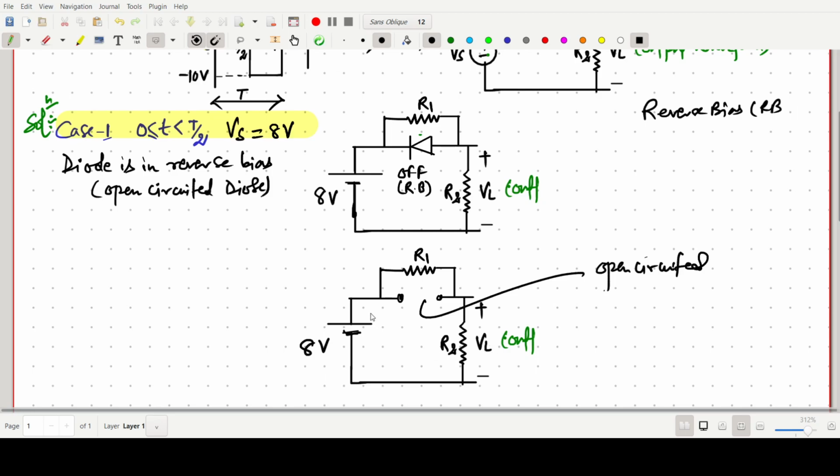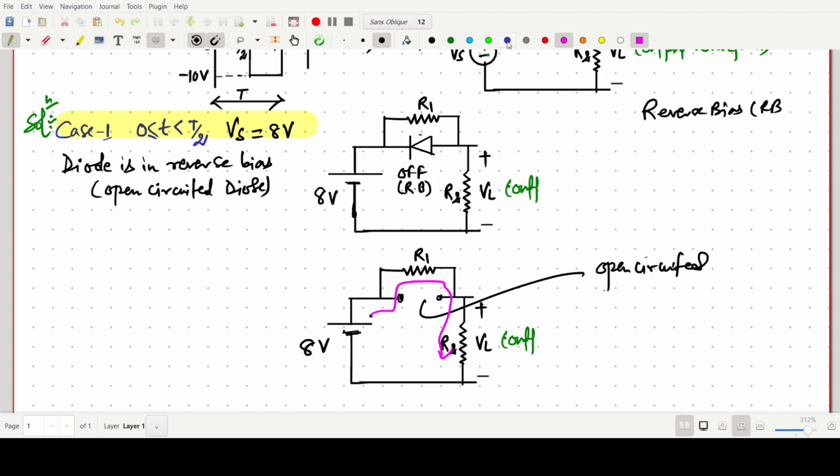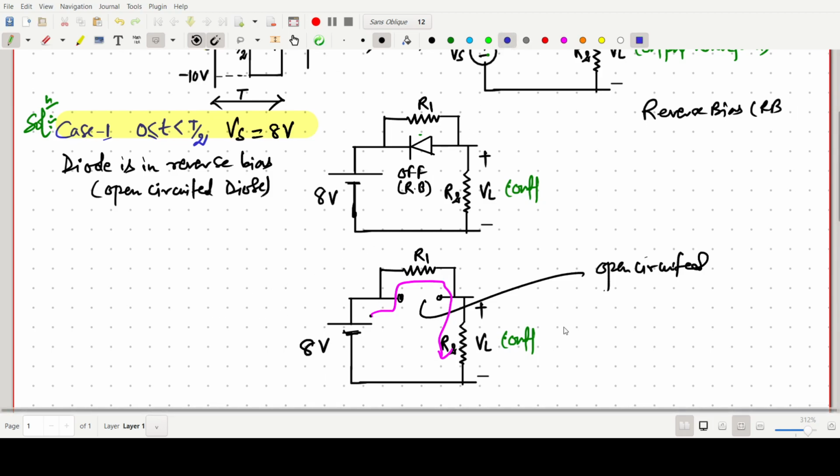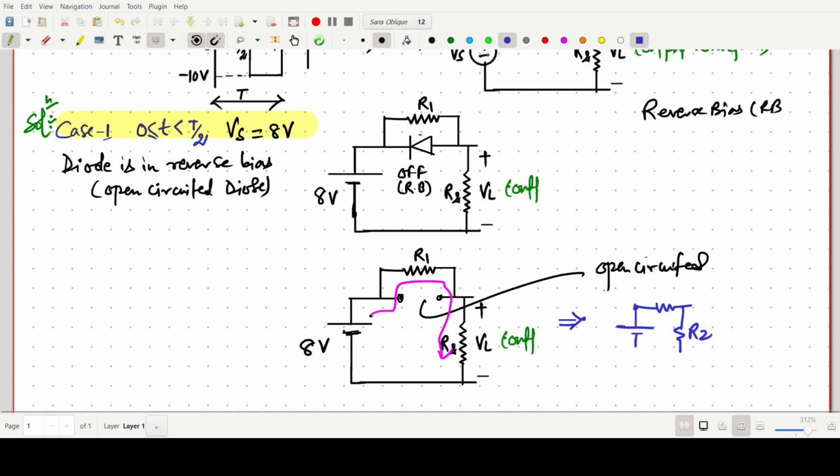The current will go like this. This is just a simple circuit, with R1 and R2 and some voltage, say 8 volt, and we take the output across R2. That is our VL for this time interval.